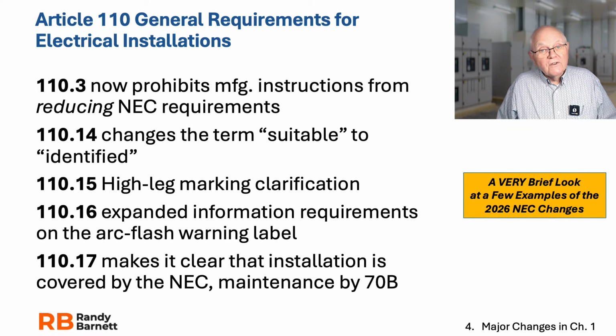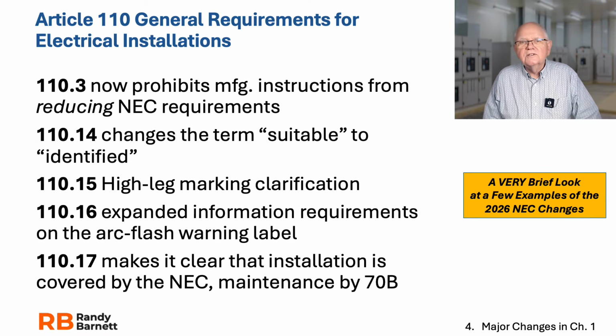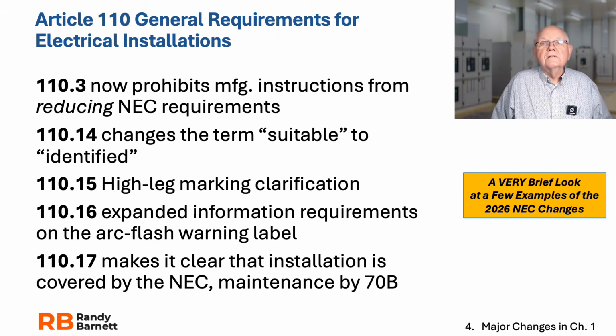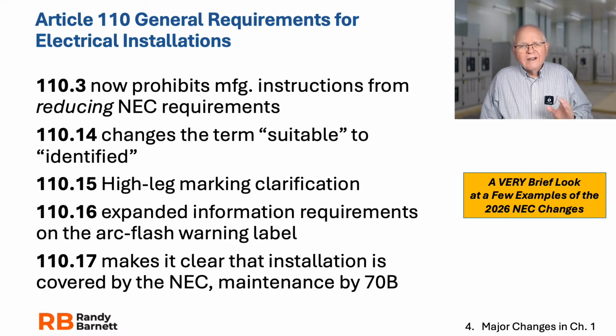So expanded requirements on your arc flash warning label. I think it's a good thing because in the past it just said you have to put the label on the equipment and so on and so forth, and go take a look at 70E if you need to know more about it, the informational note there. Now it's telling you specifically, hey, this is the information that the people need to be safe when they go out into the field. So that's a good thing.